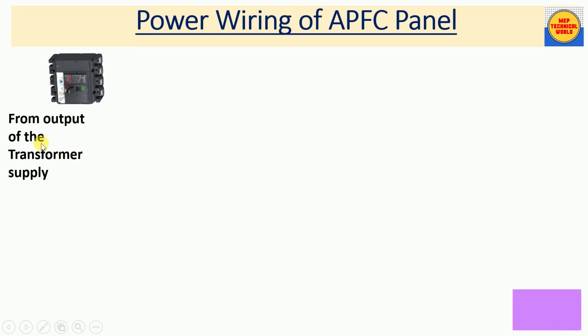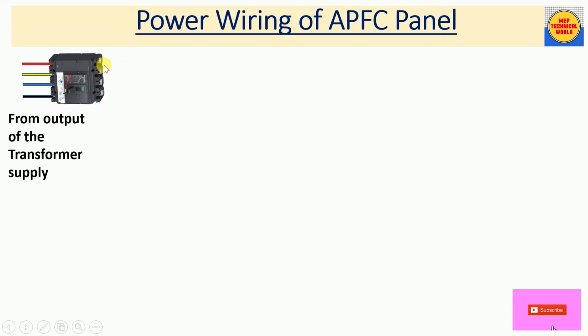Here we have to connect the R, Y, B and neutral. These are the bus bars which are connected and coming from the output terminal of the transformer supply. Now let's connect 4 bus bars to the output terminal of this MCCB.